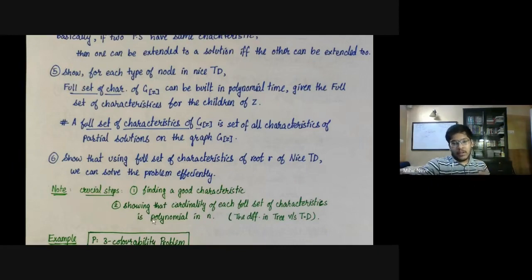Because already it was NP hard. There was some exponential solution I could have found by taking all the possible subsets and so on. So why even bother doing dynamic programming if even dynamic programming turns out to be exponential? Hence, it is necessary that these full sets of characteristics are polynomial in n. And this is a crucial property that has to be checked every time.